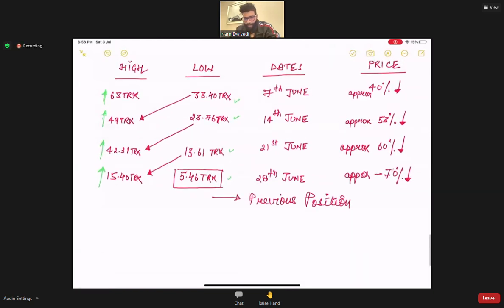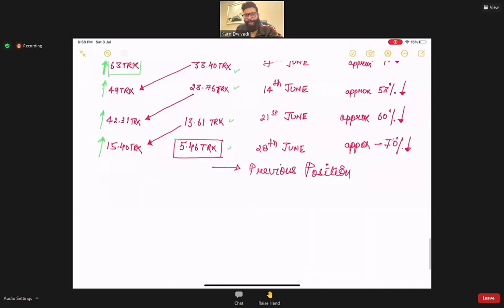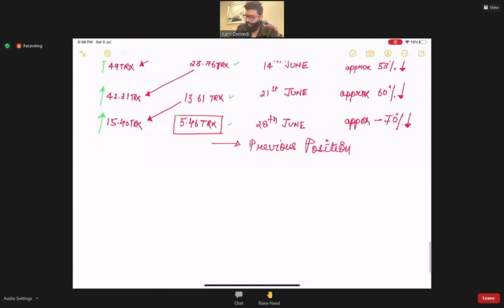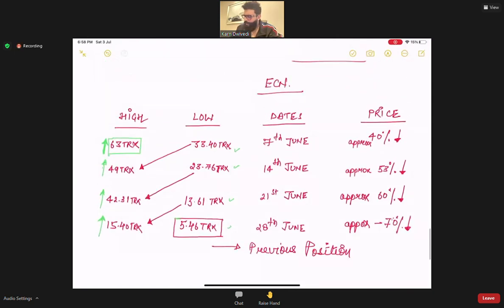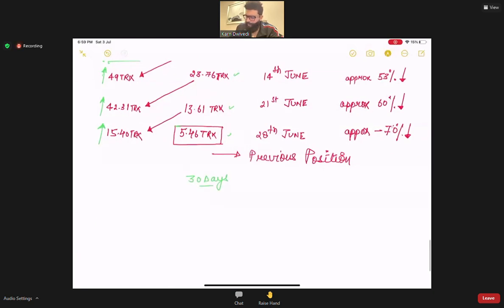So looking at the table, looking at the real figures without any confusion or making a story or theory, looking at the current position, basically you were at 5.46 TRX, and it started with 63 TRX. So if you compare, it's almost 1 month, 30 days, right?